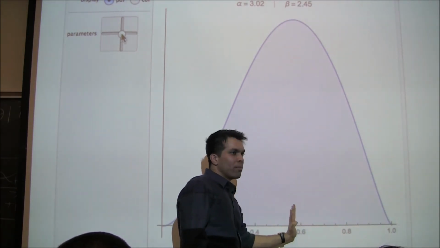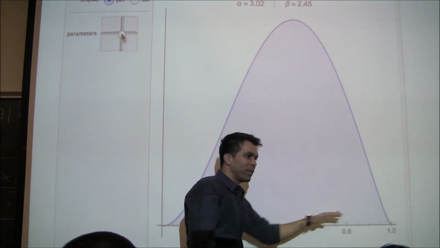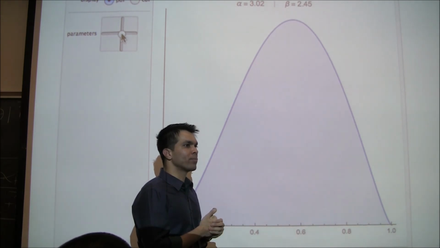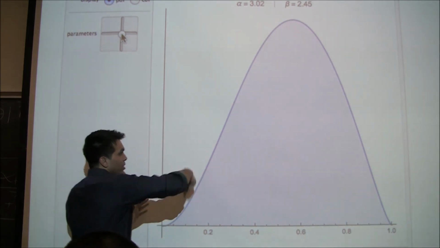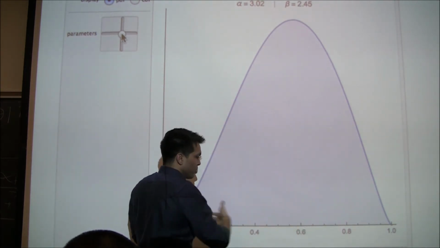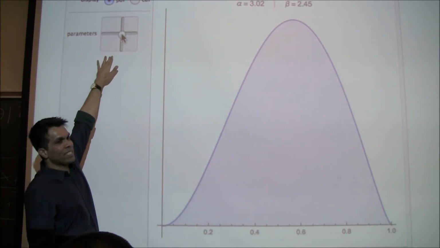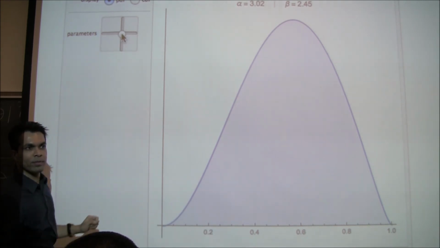Right? So the MAP or the mode is with respect to the x-axis, and the x-axis is theta, because it's a distribution of theta. This integrates to 1. The area under this curve is 1 with respect to theta. Those two are fixed constants that determine the shape of this.